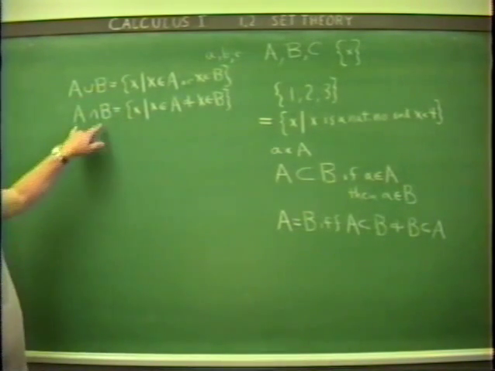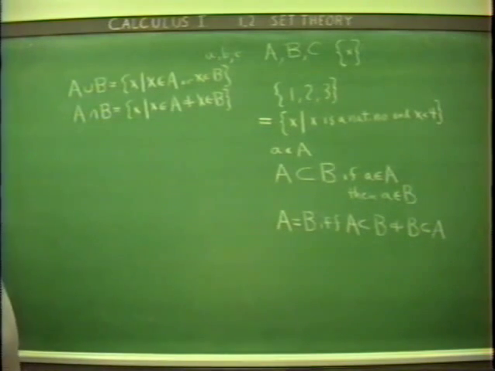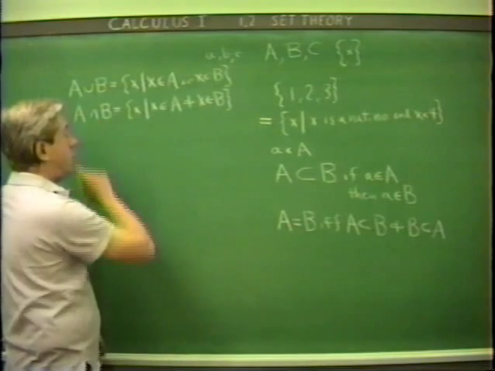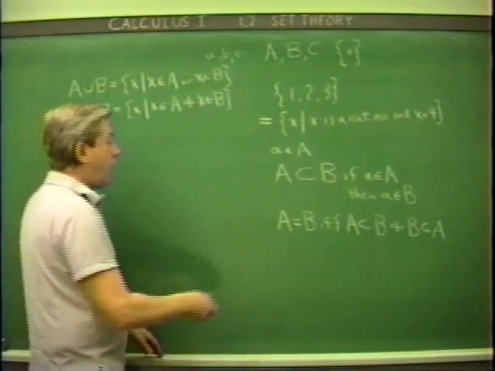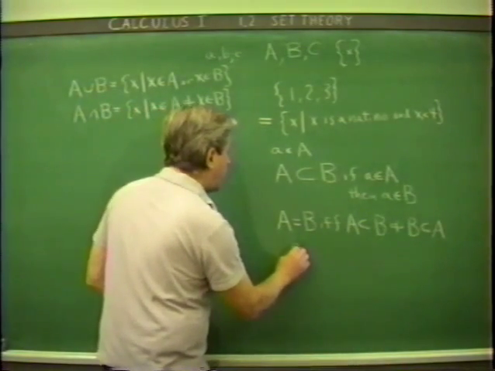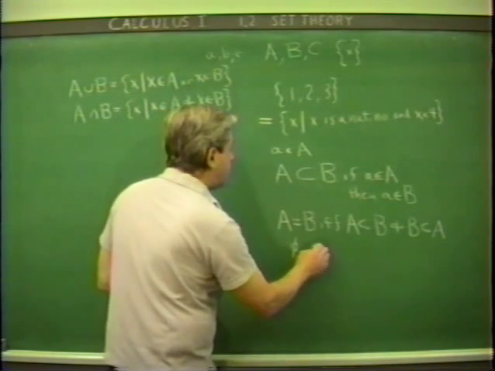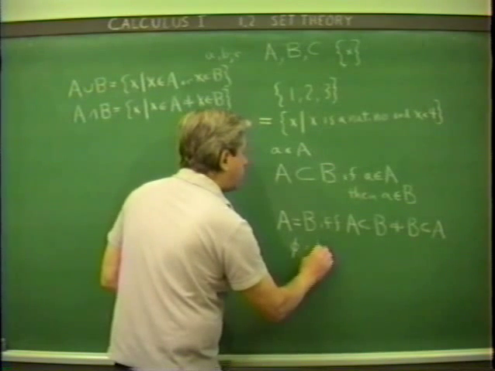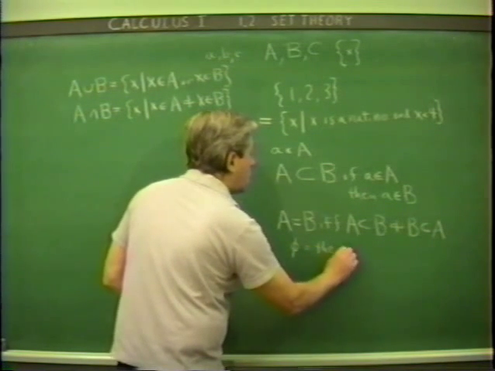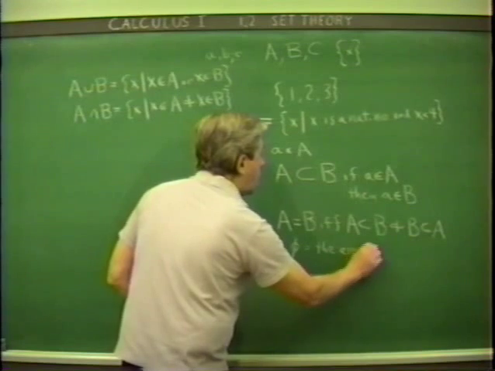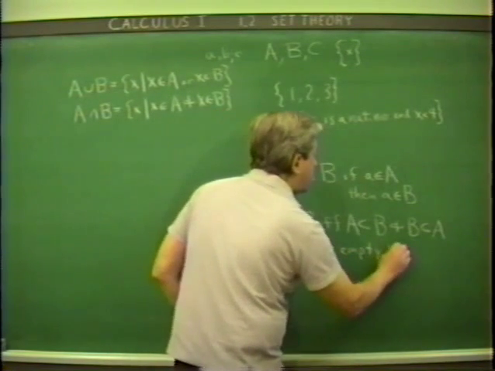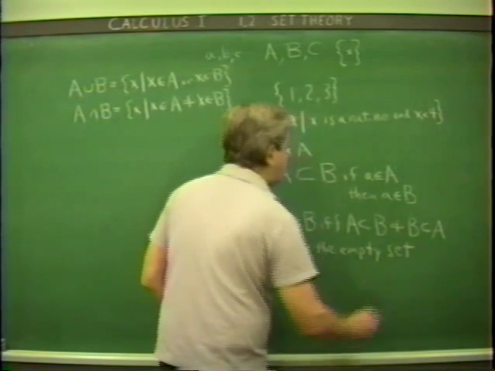This is a collection of all elements that the two sets have in common. Sometimes they don't have any in common, in which case there won't be any elements in this intersection, and we need frequently a particular set which is called the empty set. It's symbolized with the Greek letter phi. The empty set, this is the set that doesn't have any elements whatsoever.